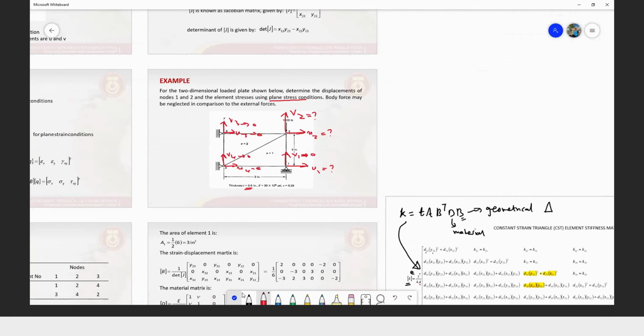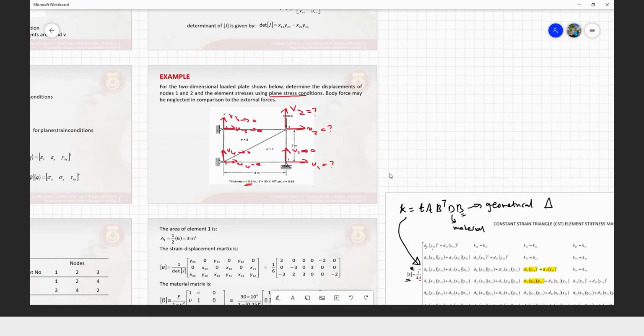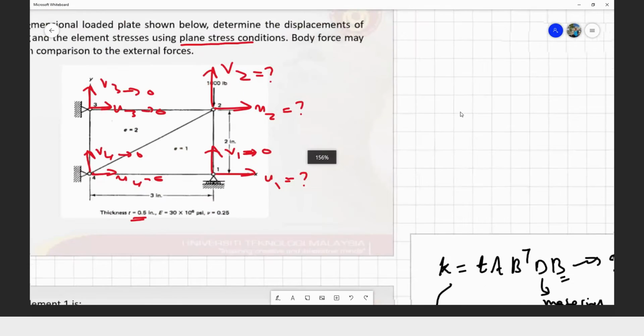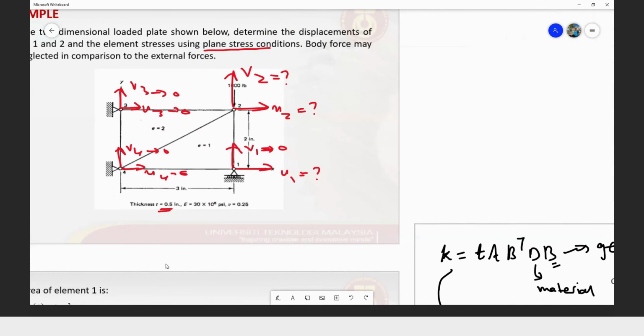All right, now we have two elements. Element number 1 is the triangle at the bottom here, joining 4, 2, and 1.